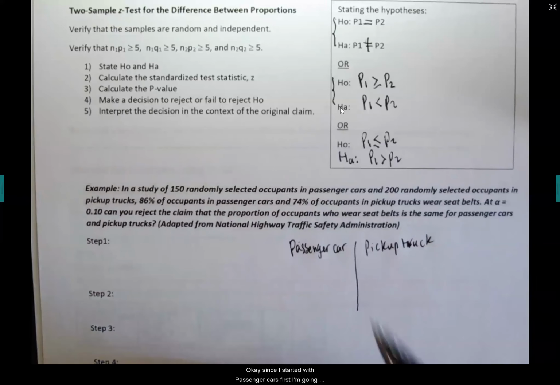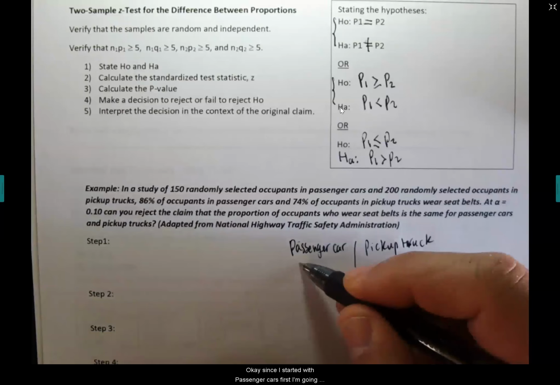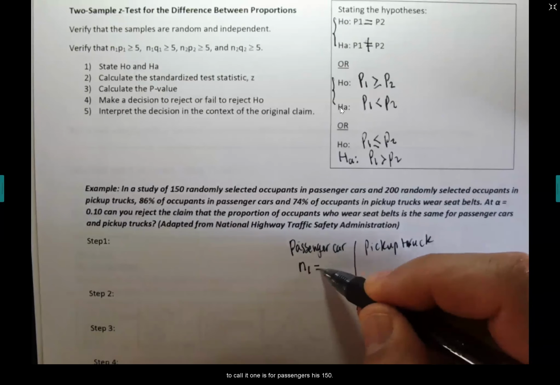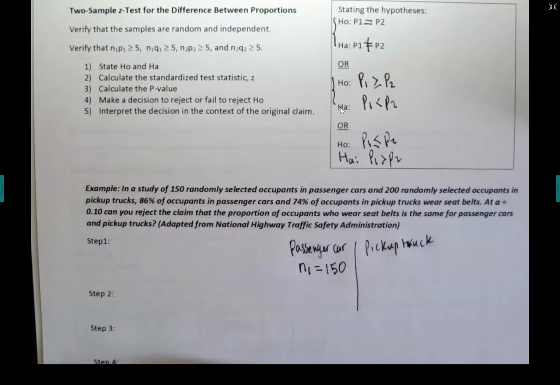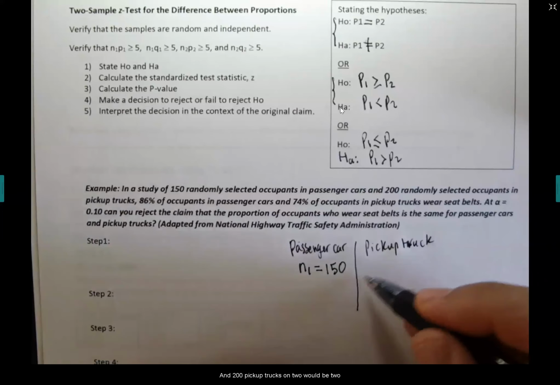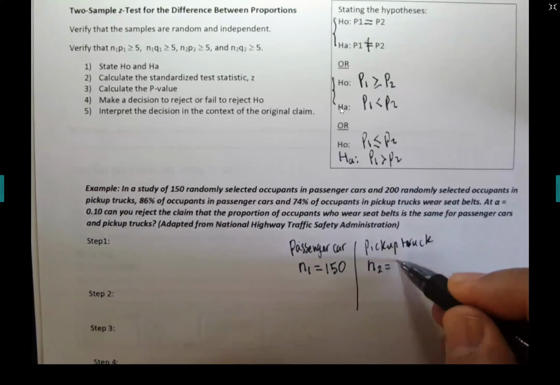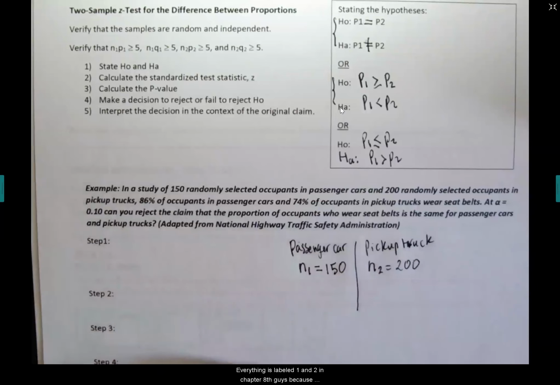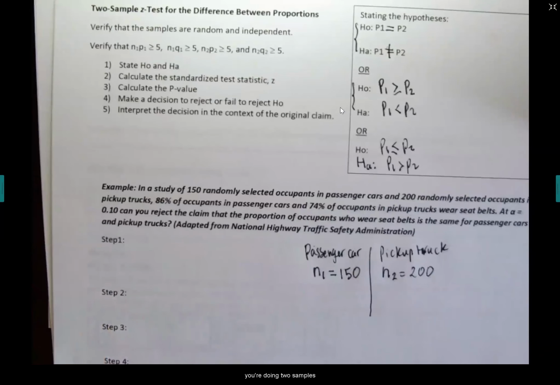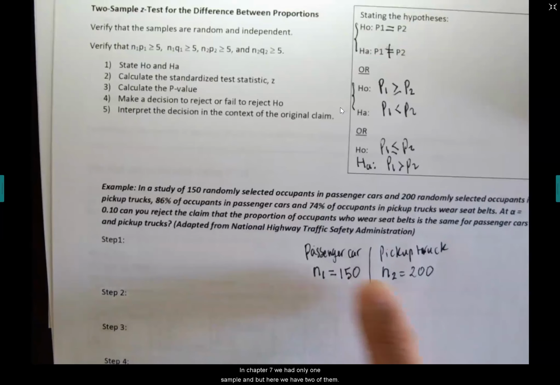Okay, since I started with passenger cars first, I'm gonna call it N1 here for passenger. It says 150. And 200 pickup trucks, so N2 will be 200. Everything is labeled 1 and 2 in chapter 8, guys, because you're doing two sets. In chapter 7, we had only one N, but here we have two of them.